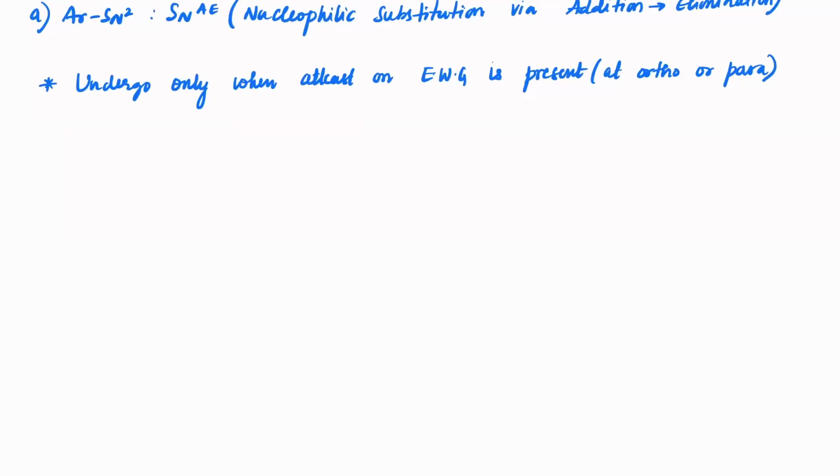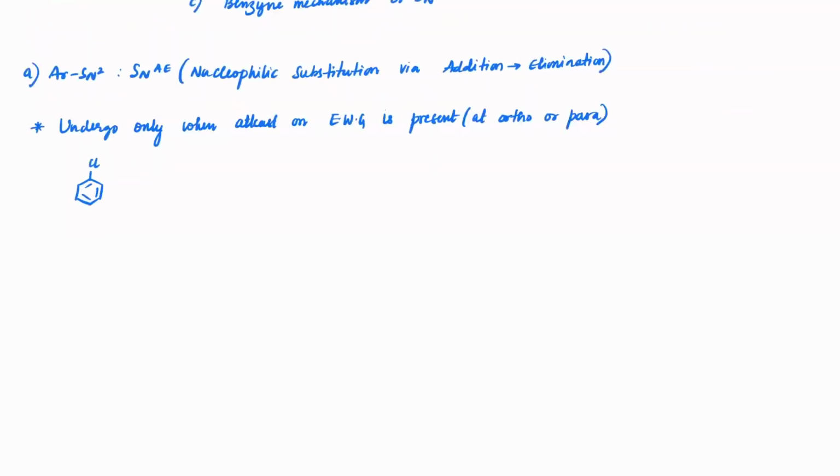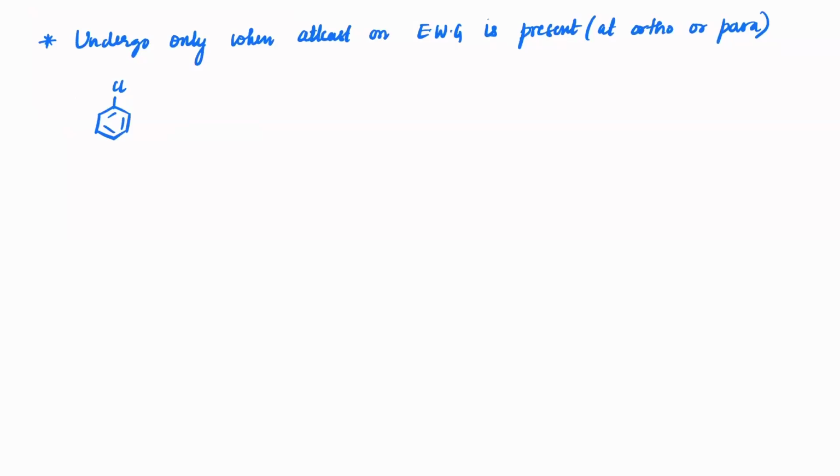Suppose you have a halobenzene with chlorine here, and I'm treating that with a nucleophile Nu. As per the mechanism, the first step is this nucleophile going and attacking the delta positive charge present on this carbon. That will push the electrons of the pi bond here and make an accommodation for this nucleophile this way.